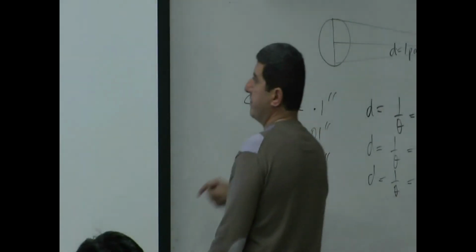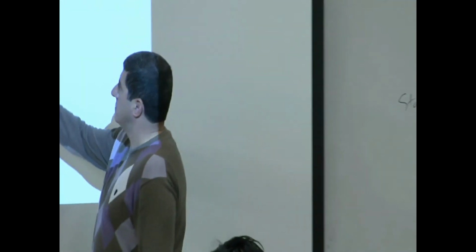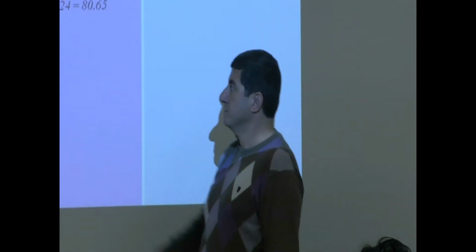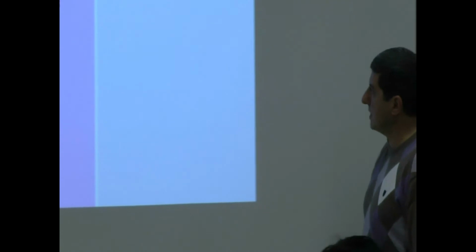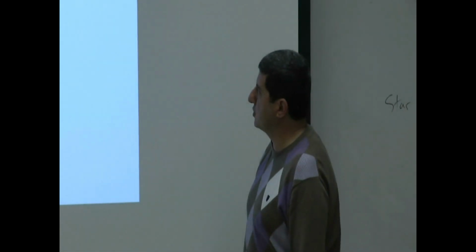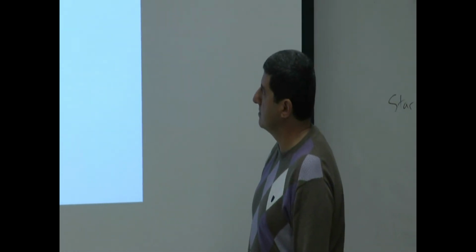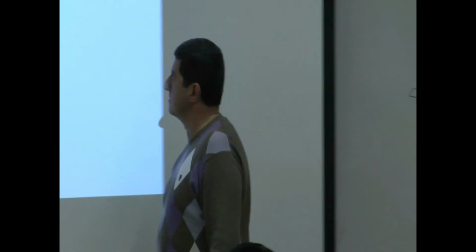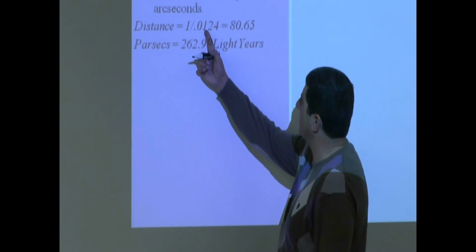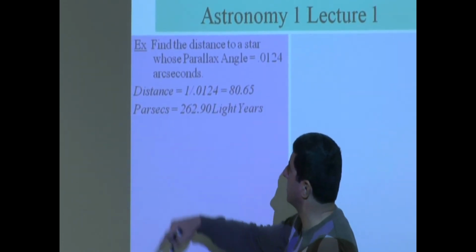What do you do? 1 divided by that number. So 1 divided by 0.0124, you get what? Your calculator will give you 80.65 parsecs.